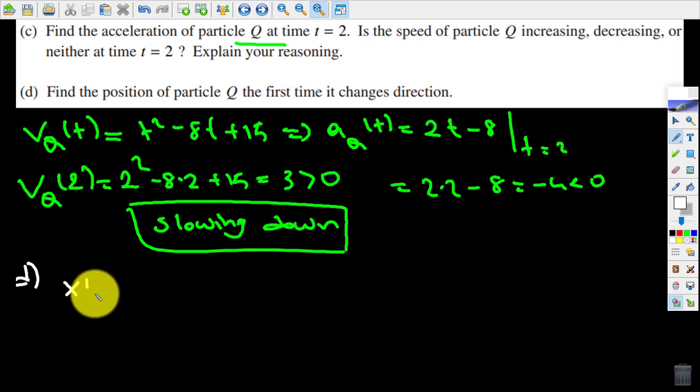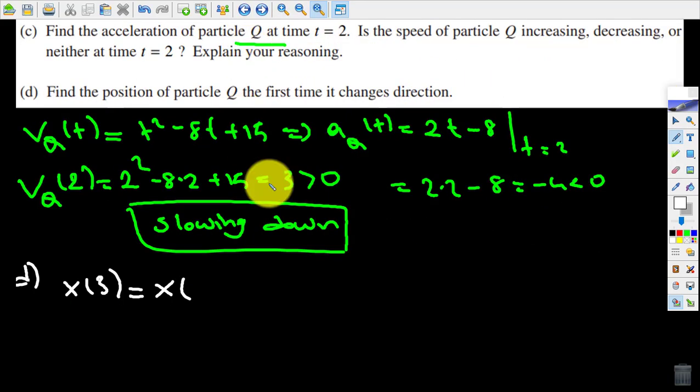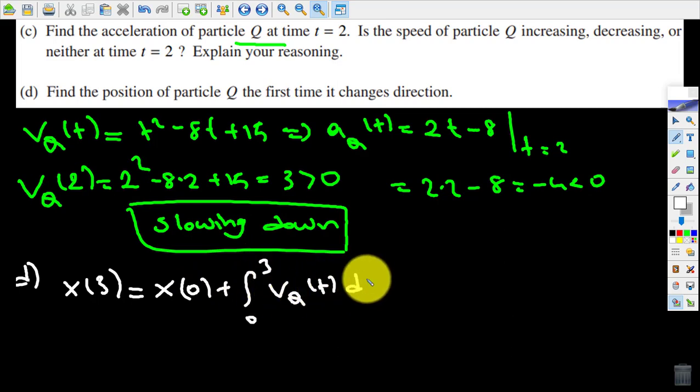So x of 3 is going to be equal to, we need to also take into consideration the initial condition. If you remember, when time t equals 0, the initial position is 5. So x of 0 plus the integral from 0 to 3 of VQ of t dt.